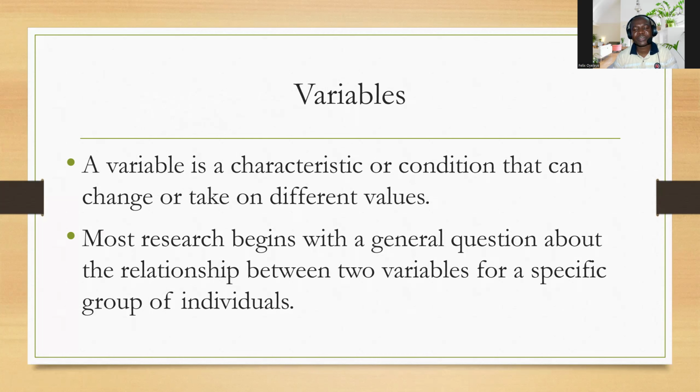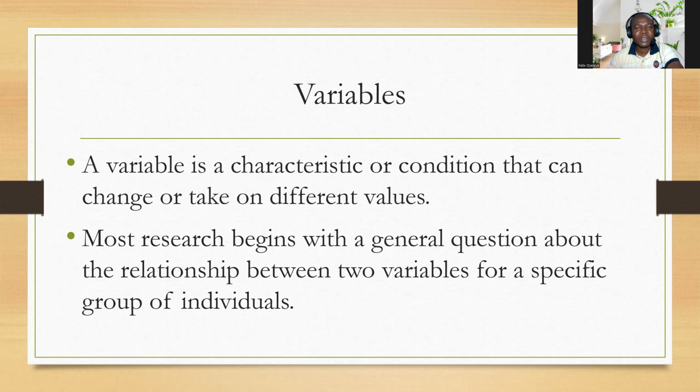And most often in research, researchers are always involved in the work of trying to understand the relationship between variables. Maybe establish the connection between one variable and the other. Sometimes it could be in a group, and sometimes it could be across the population.